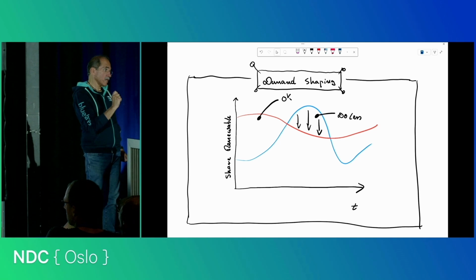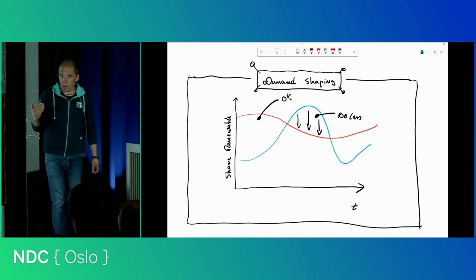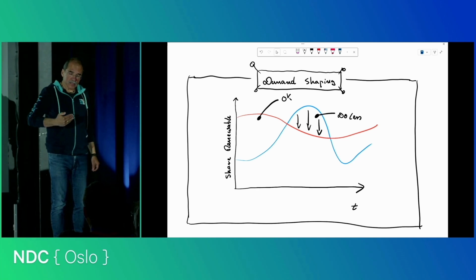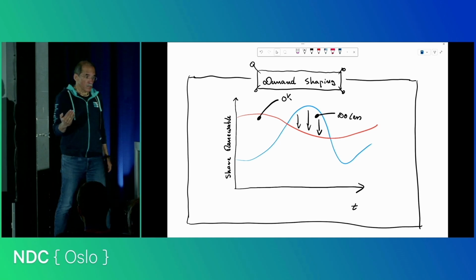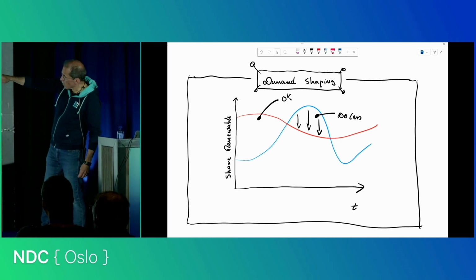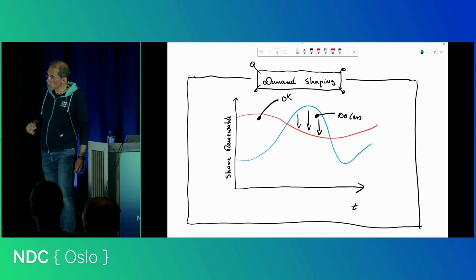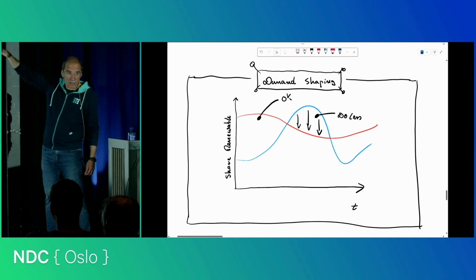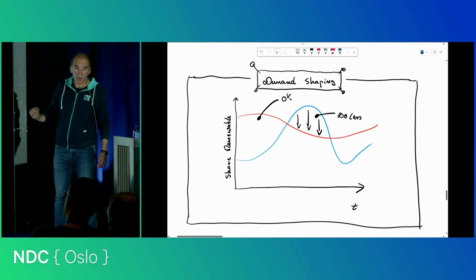And this is, we have a demand now. So we have a demand, but it's not a good time to do that. So the red one is the amount of renewable. If the red one is high, it's good, and if it's low, it's bad. And the blue one is the load.